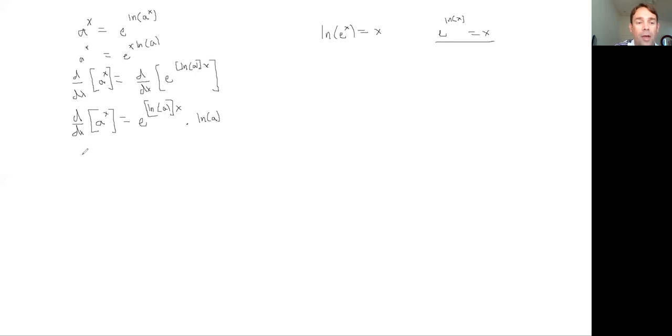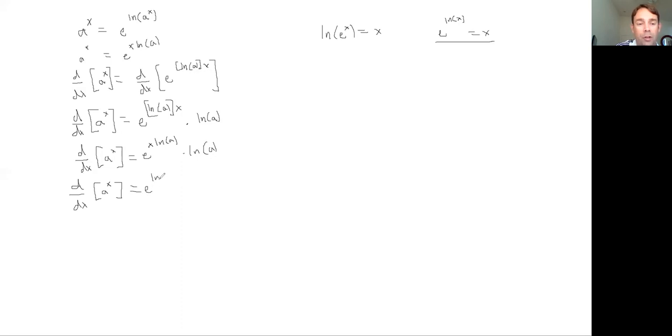Now, let's go back and rewrite that a little bit here. I can put that x back in front again, and we're going to do just a little bit of math magic. Got the x back in front of the natural log. Let's turn it back into our exponent.